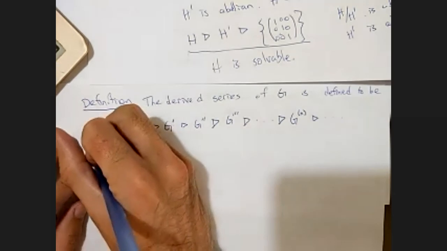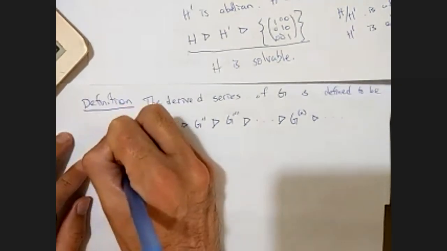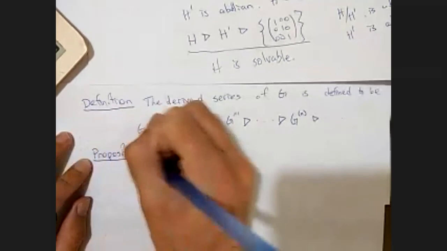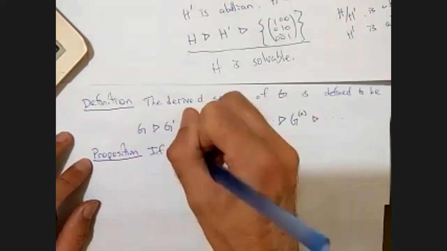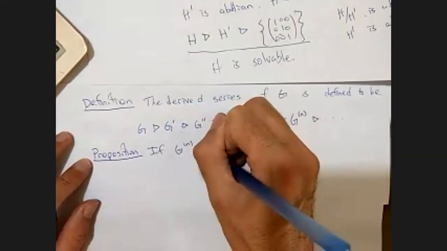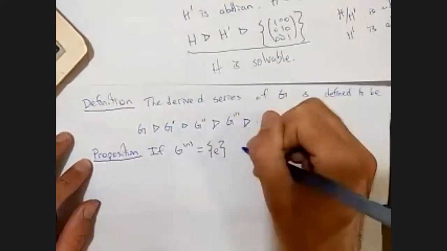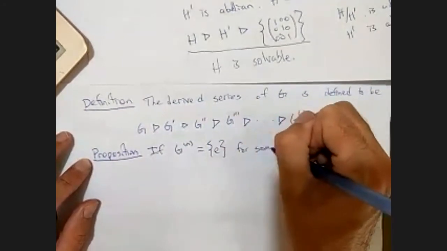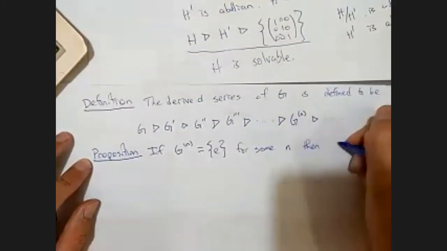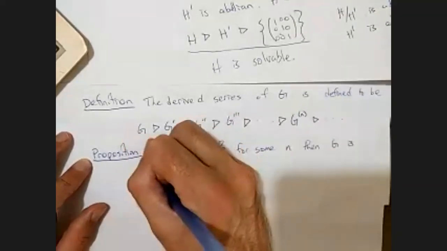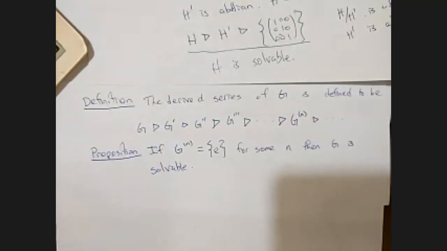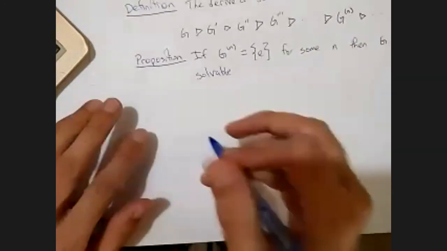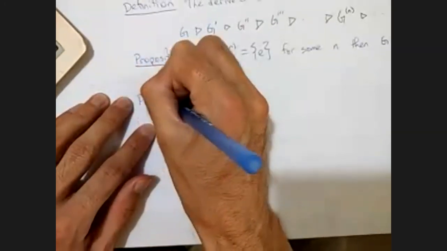Then, proposition: if G to the n is trivial for some n, then G is solvable. The proof of this is very fast.